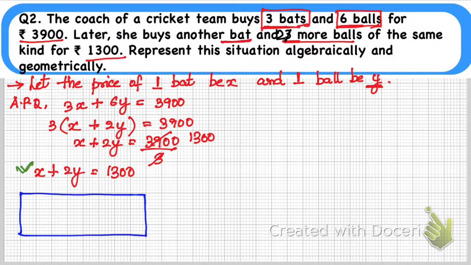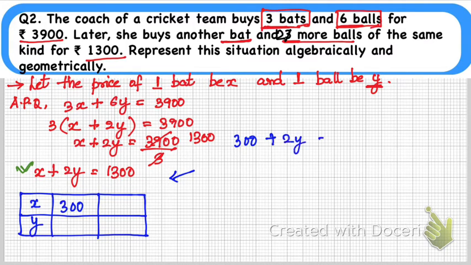So first I will get the points x and y. Okay. So considering x as 300, putting it in this equation, we will get 300 plus 2y is equal to 1300.